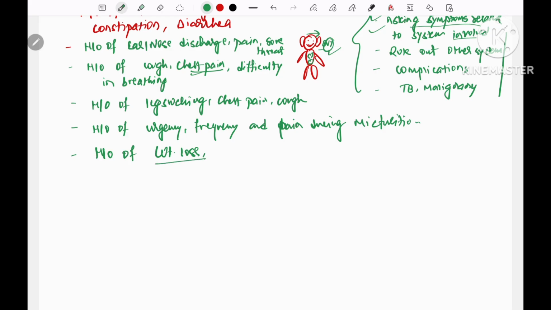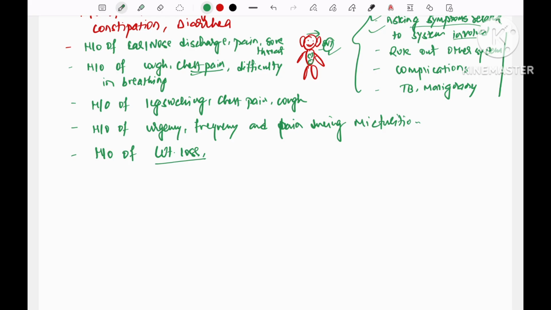We ask the patient that the clothes which were fitting you 1 year back, have they loosened, or have they become tighter. If the patient says that his clothes have loosened over 5 6 months, then we can guess that yes, the body size is approximately decreasing. So there can be history of weight loss.